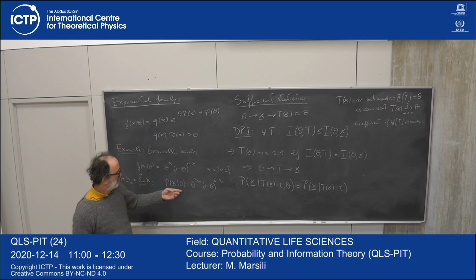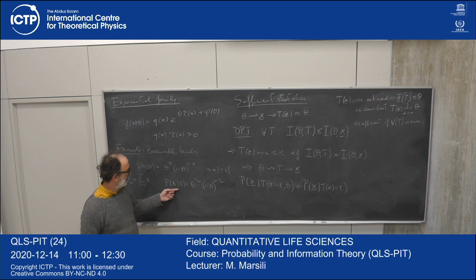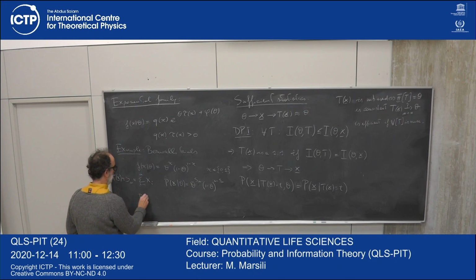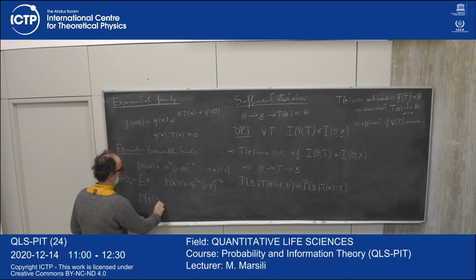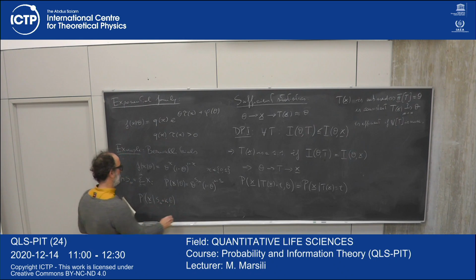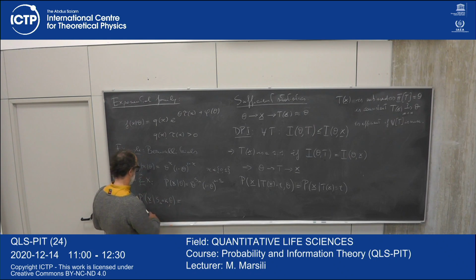So you see already from this that the probability of the sample depends on the sample only through the sufficient statistic. So when you write the probability of a sample given that S_n takes a certain value k and you have a certain parameter theta, you can write it using Bayes' rule.